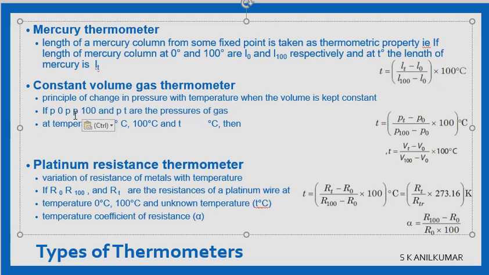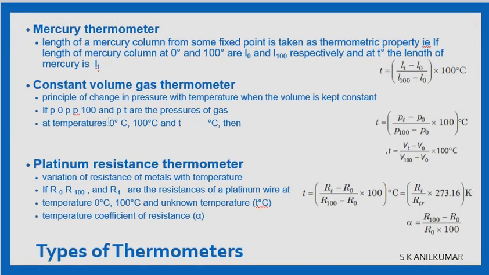PT is the pressure at temperature T. P0 is the pressure at 0 and P100 is the pressure at 100. And then we have temperature 0 degrees centigrade, 100 degrees centigrade and T degrees centigrade, three different temperatures.